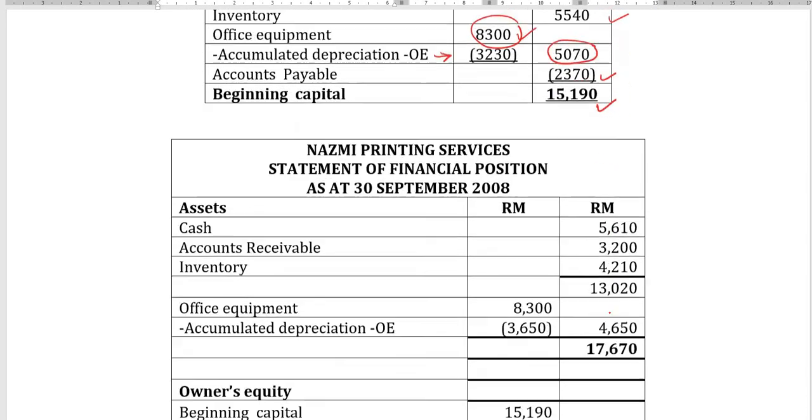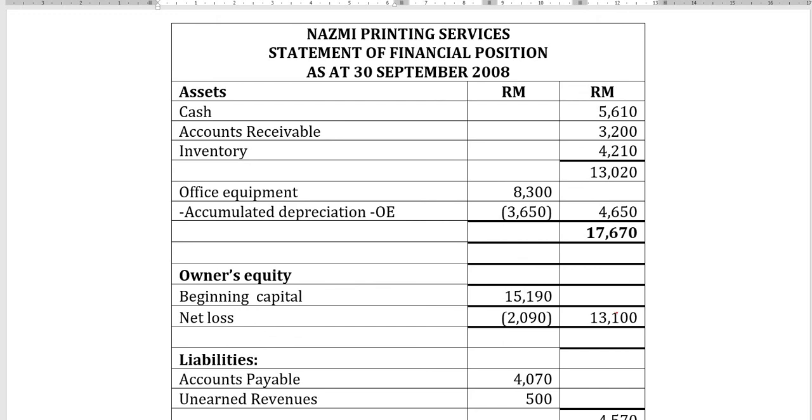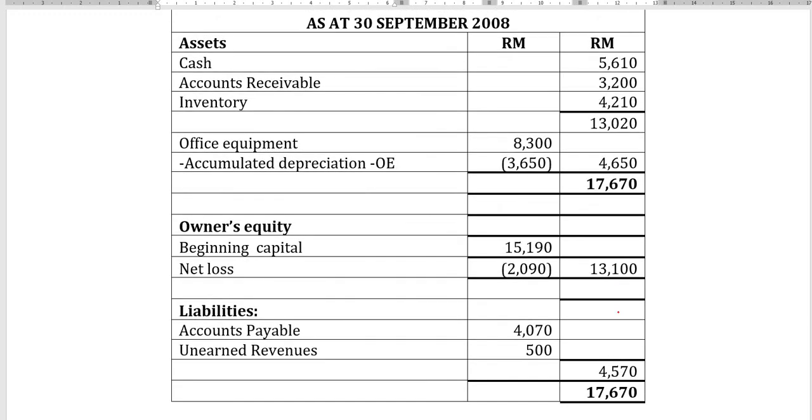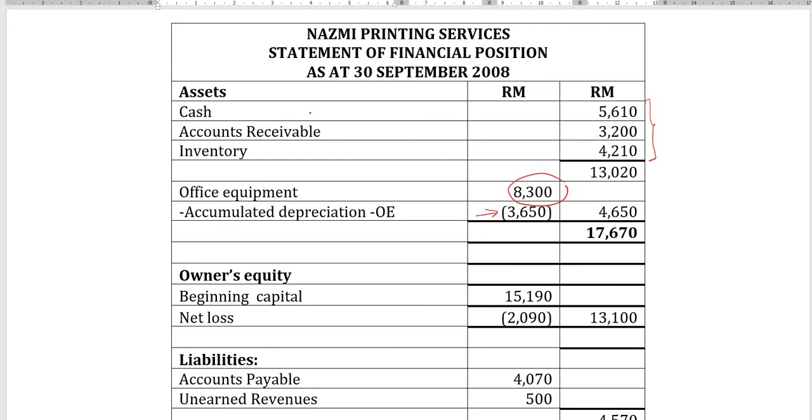Okay, so for the statement of financial position, as usual, you list out all your assets. Okay, but since your office equipment is still given as 8,300, I need to minus the accumulated depreciation. Okay, alright, this is slightly wrong. The office equipment should be up here. Alright, this is your non-current, right?